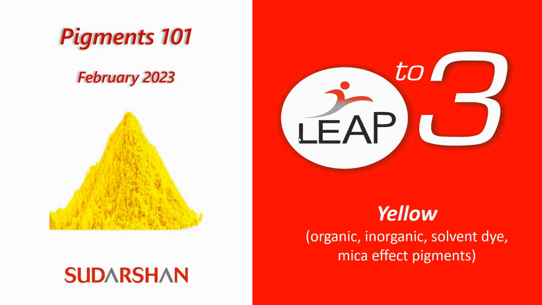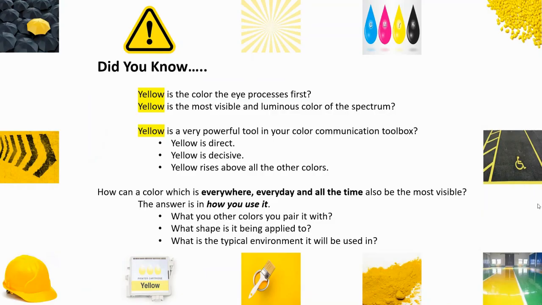So as I mentioned, we're going to talk about yellow with respect to organic, inorganic, solvent dyes, and mica effect pigments, all of which provide a different type of yellow color to your formulations. When we talk about yellow, it's good to know that yellow is the color that the eye sees first.